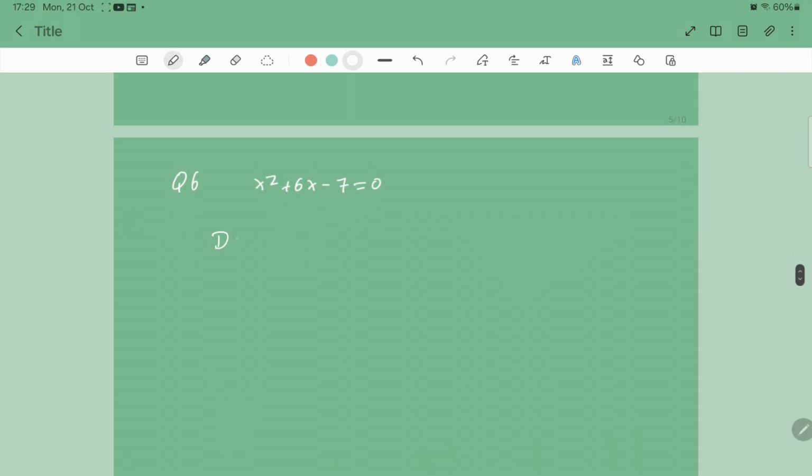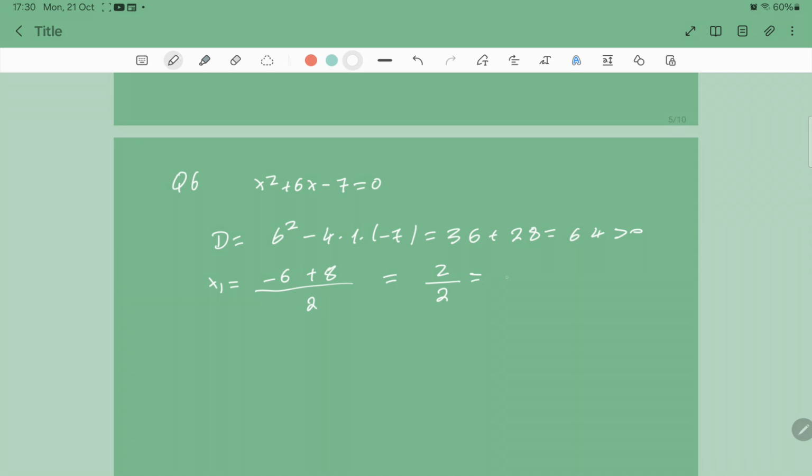Question number 6. What is the discriminant? This is 6 squared, 36, plus 28. This gives me 64. Minus 6 plus the square root of 64, which is 8, divided by 2. The numerator is 2 and the denominator is 2.